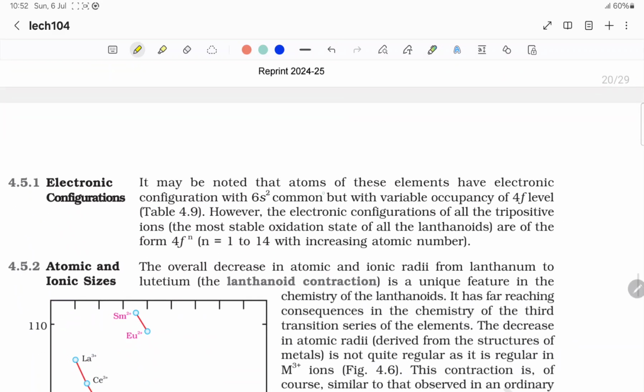It may be noted that the atoms of these elements have electronic configuration with 6s2 common, but with variable occupancy of the 4f level. However, the electronic configurations of all the tripositive ions, the most stable oxidation state of all the lanthanoids, are of the form 4f^n, where n is equal to 1 to 14 with increasing atomic number.